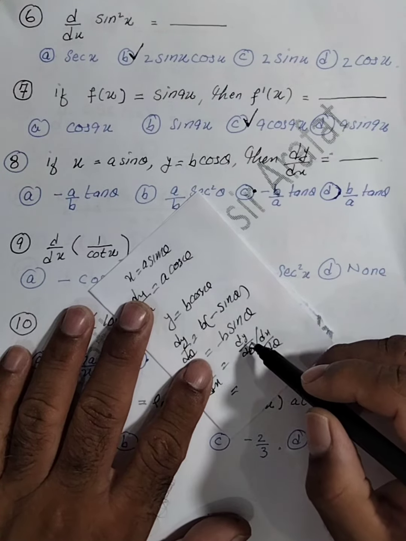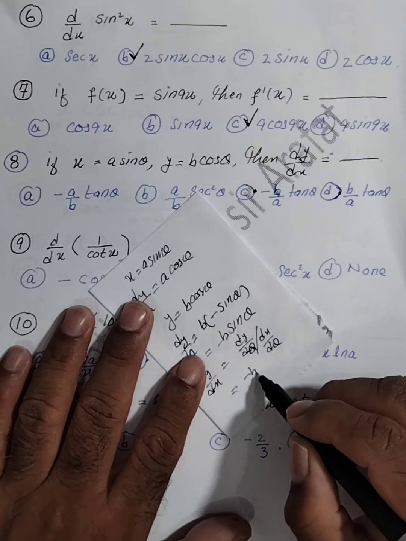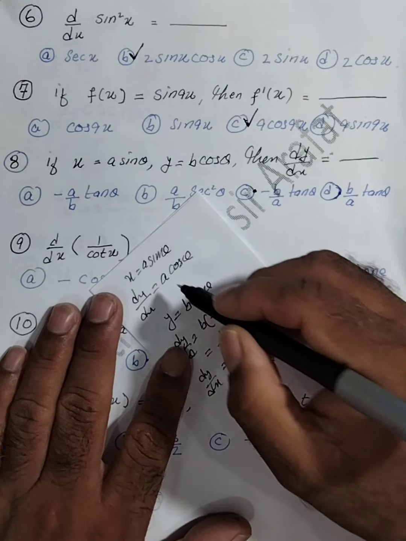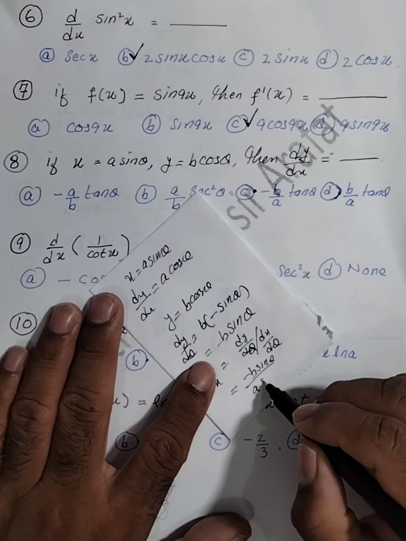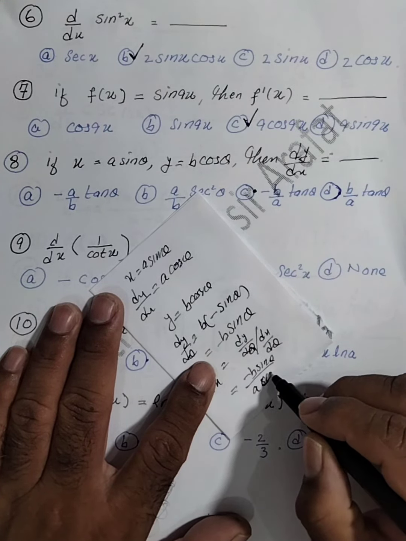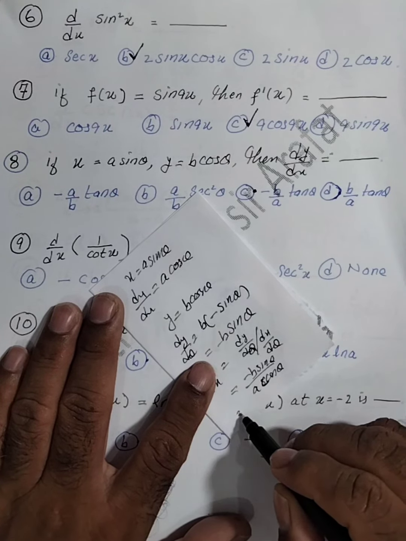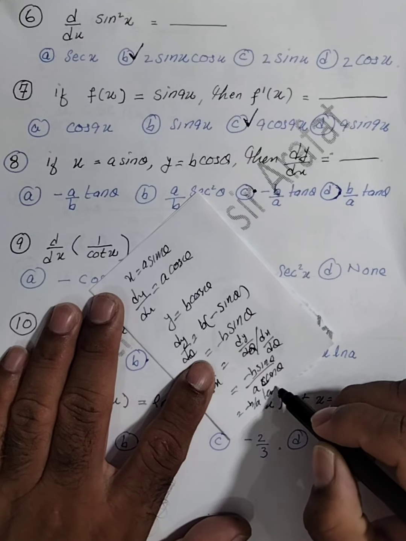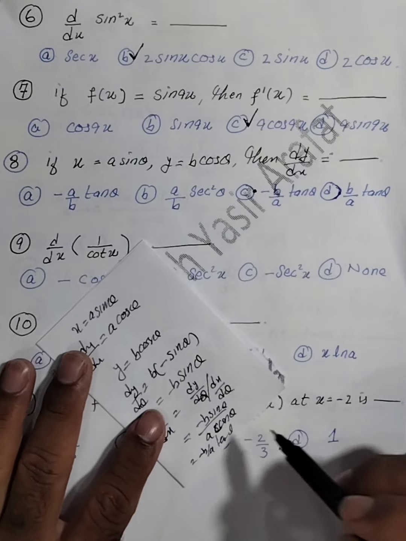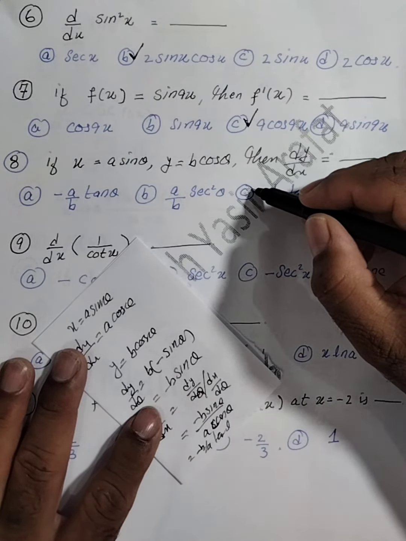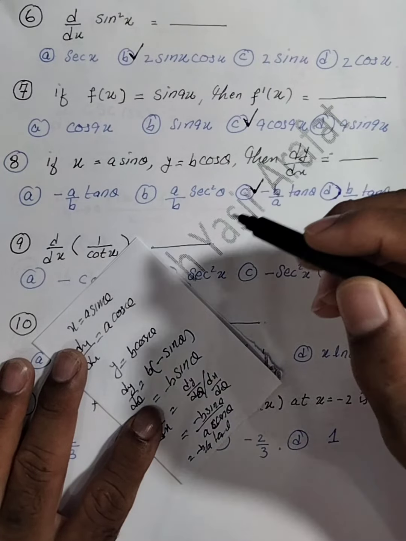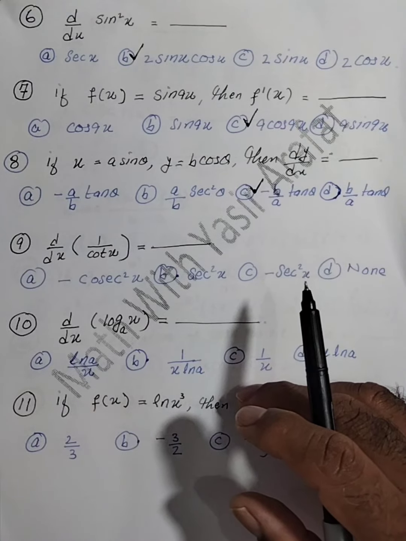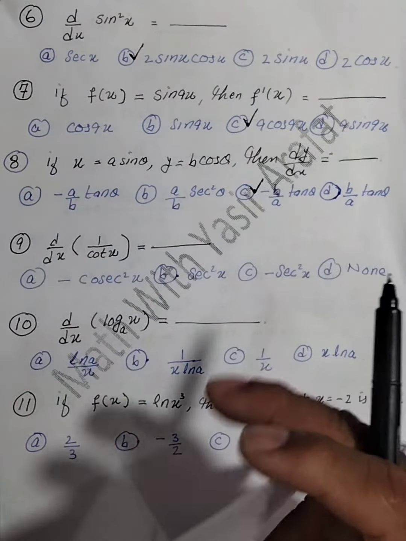So here dy upon dx, that is minus b sine theta over dx over d theta, which is a cos theta. So this is minus b upon a, sine over cos, that is tangent theta. So minus b upon a tangent theta. So the C option is correct here in the 8th MCQs. Now come to the 9th MCQs here.